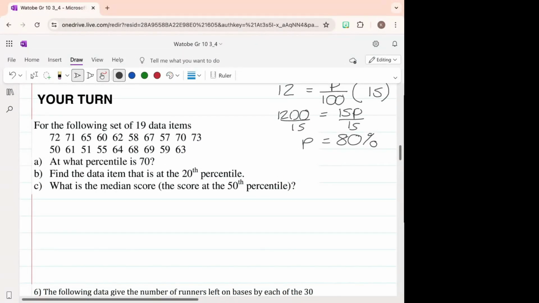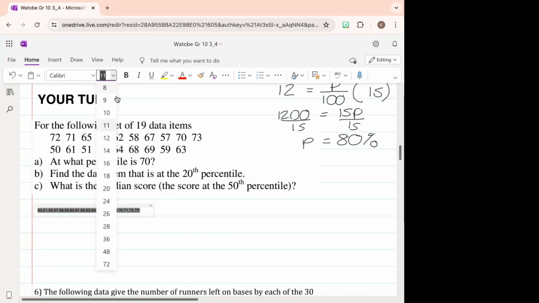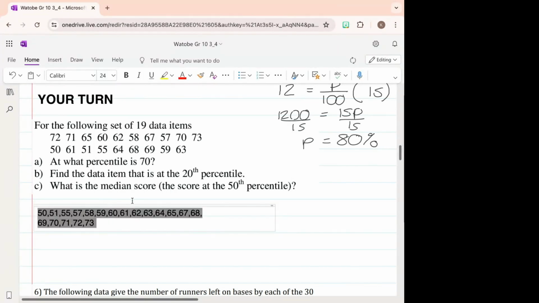Okay. For the following set of 19 data, I'm going to give you the right order. So I'm going to put it in order for you. Okay, so that is the set of 19 data numbers. At what percentile is 70? I will bring the screen back so you can have a look at how we did it before.